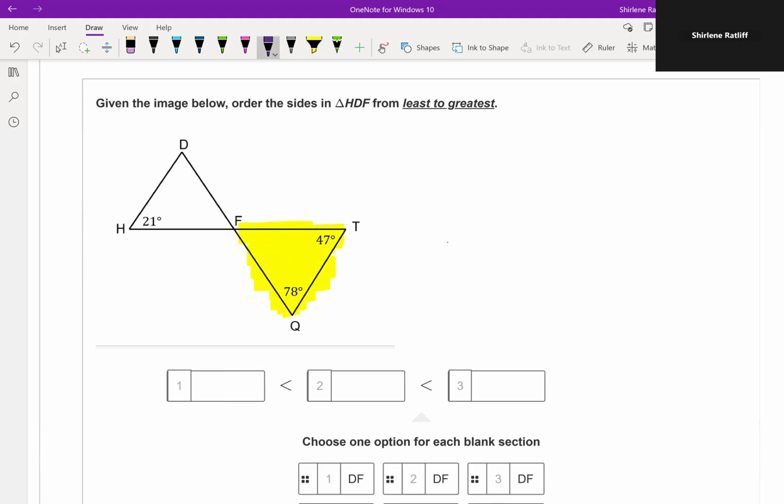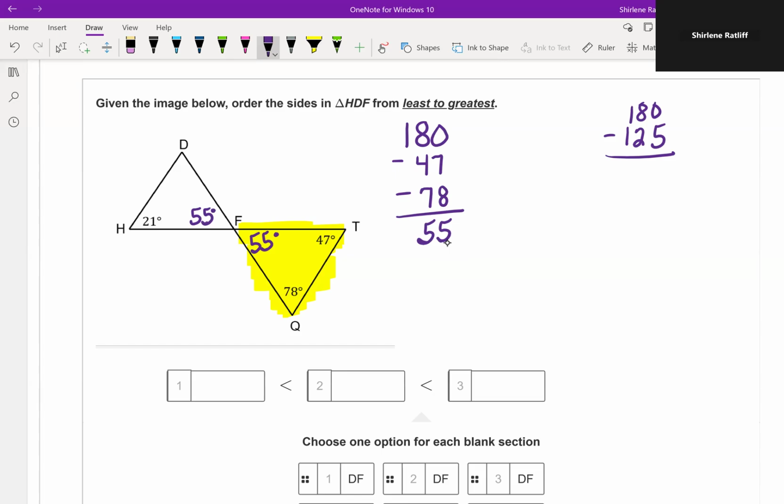We know that every single triangle in the whole wide world has angles inside that will add up to equal 180. So we're going to say 180 minus 47 minus 78. And that's going to give us 55 degrees for the missing angle TFQ. We know vertical angles are congruent, so angle DFH is also 55 degrees.